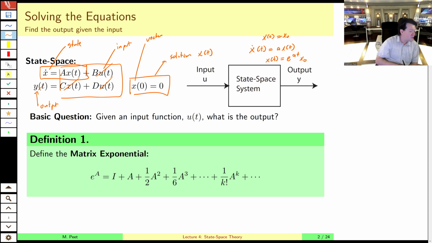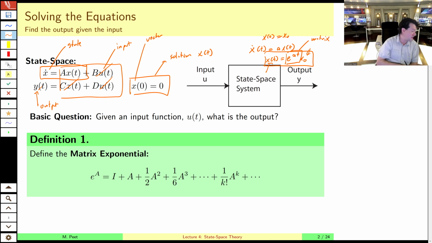So what we're going to do is see if we can generalize this solution for scalars to matrix or vector-valued states. If x naught is a vector and x is a vector, obviously this e to the at must be a matrix in our case. And so the question is, is there a matrix version of the exponential function?